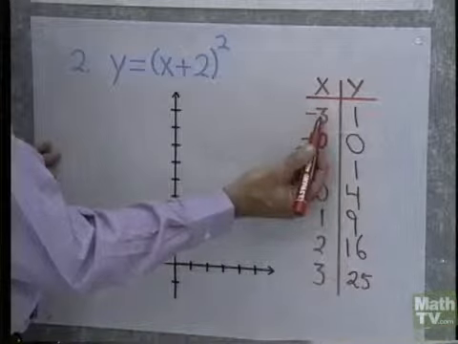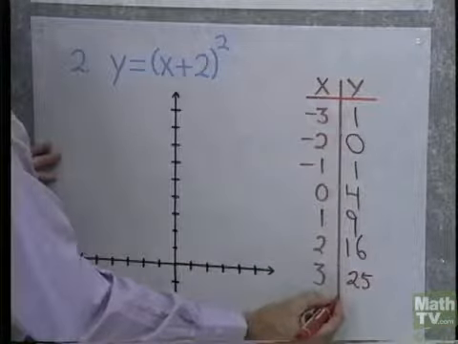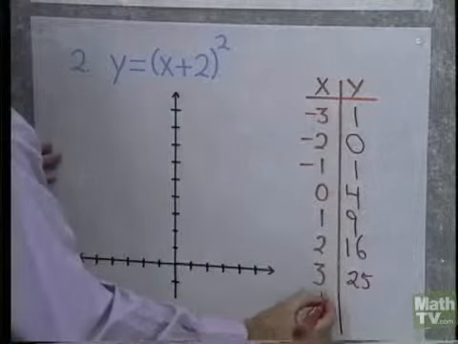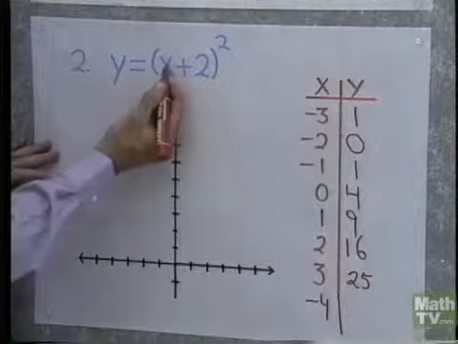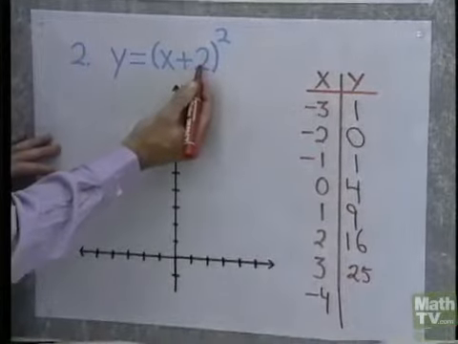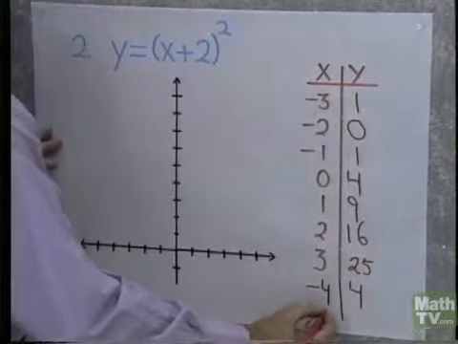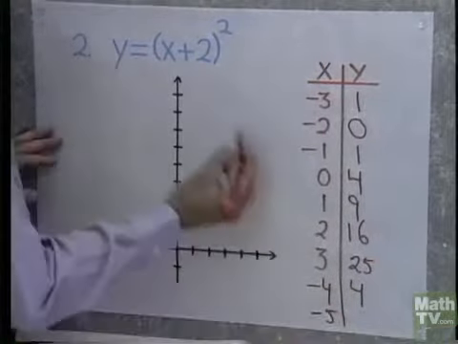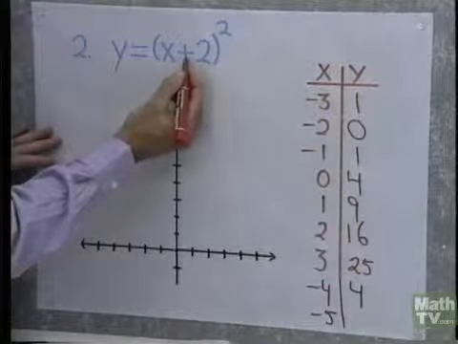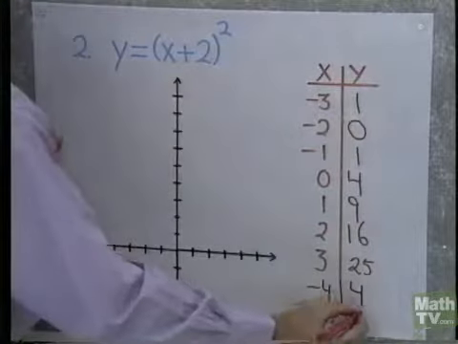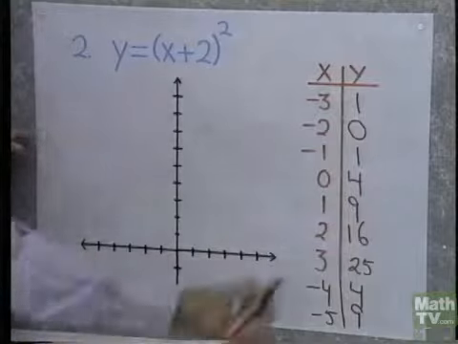Let's go back in the other direction from -3 and substitute in the number -4 for x. -4 plus 2 is -2. Quantity squared is 4. And then I'll substitute in -5. -5 plus 2 is -3. Quantity squared is 9. So let's graph some of these ordered pairs.